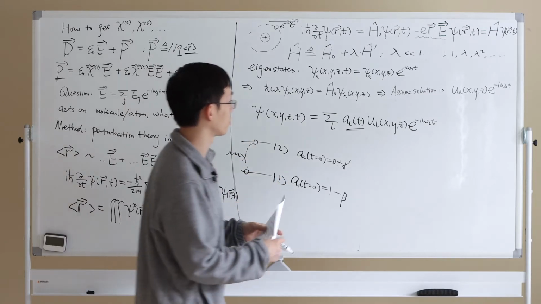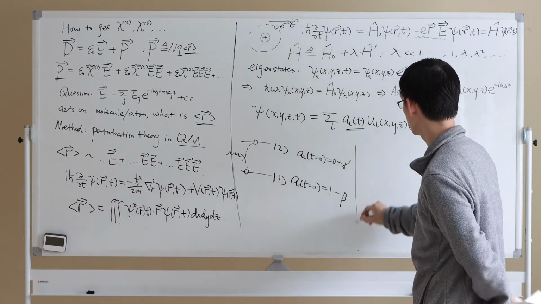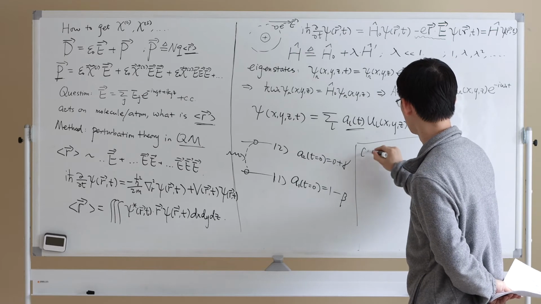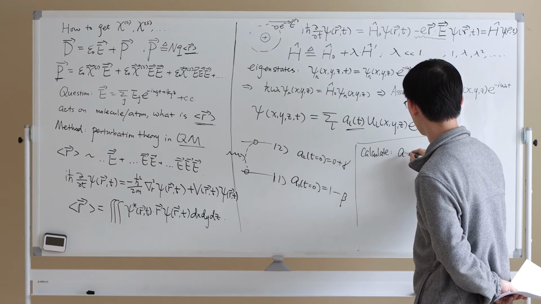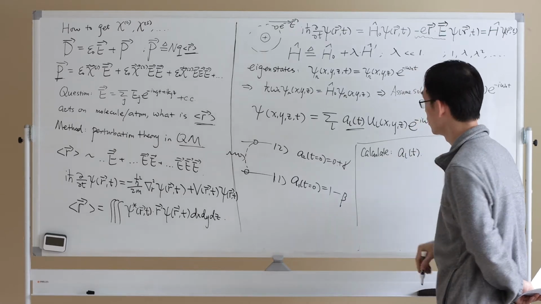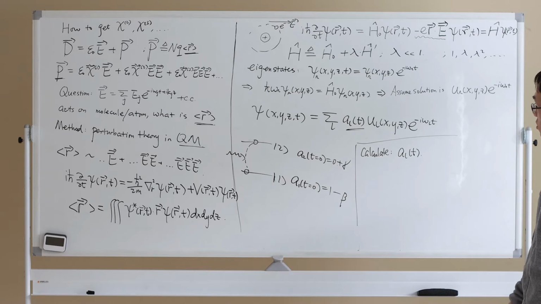So the concept here is that we need to calculate A_l(t), and we want to use perturbation theory.